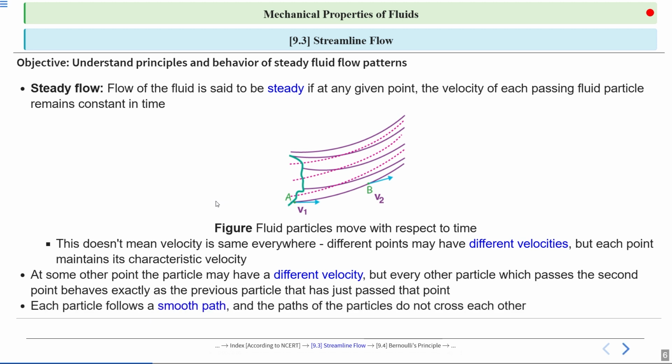So in steady flow, each fluid particle follows a smooth path, and these paths never cross each other. This is important because it means the motion is orderly, not chaotic. The smooth and non-crossing paths are called streamlines, and they help us visualize how fluids move in steady flow.